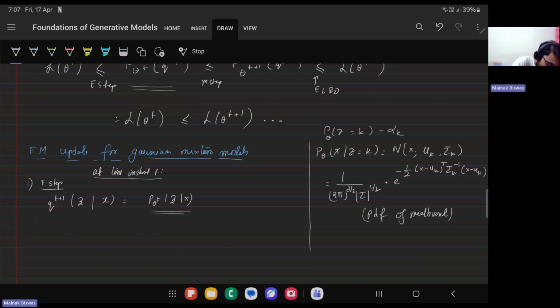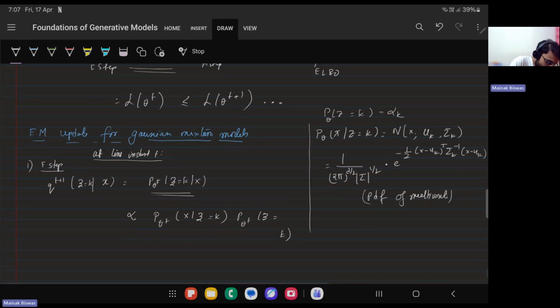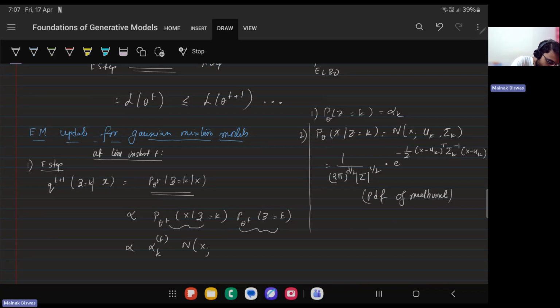This I do not know directly, but I know using Bayes rule that this is proportional to P of X given Z equal to K into P theta t of Z equal to K. This we already know is alpha K at time t, and this is the normal distribution we have already defined.